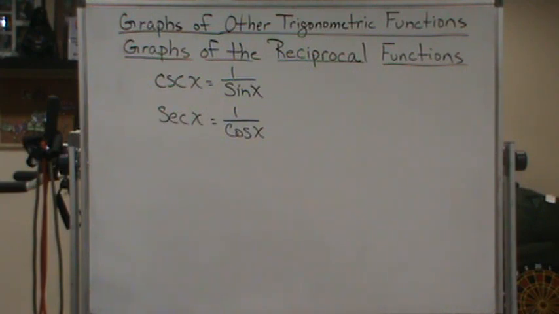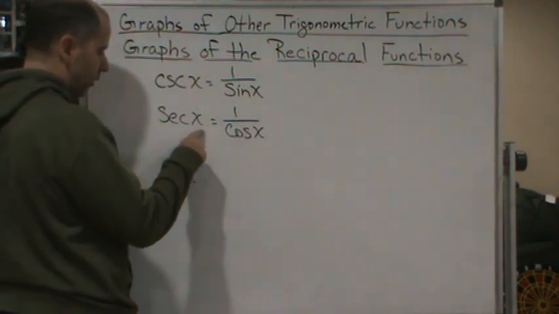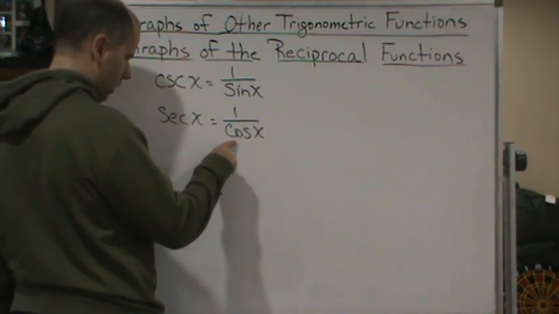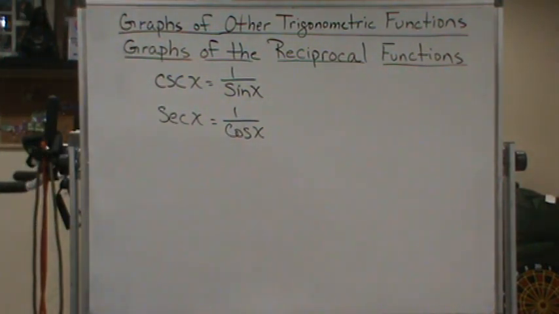Let's talk about it. For example, at a given value of x, the y-coordinate of secant x is the reciprocal of the y-coordinate of cosine x. So think about that. The y value of cosecant x is the reciprocal of the y value of sine x.